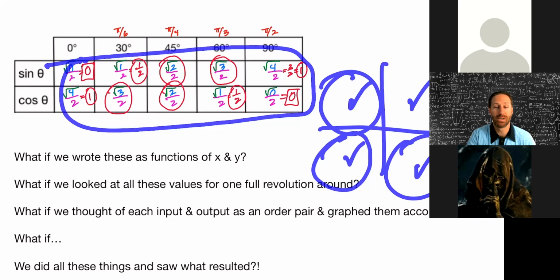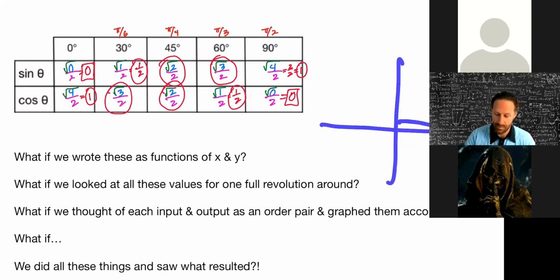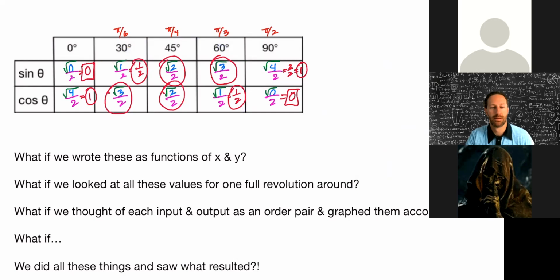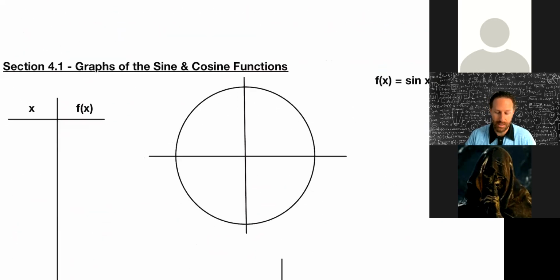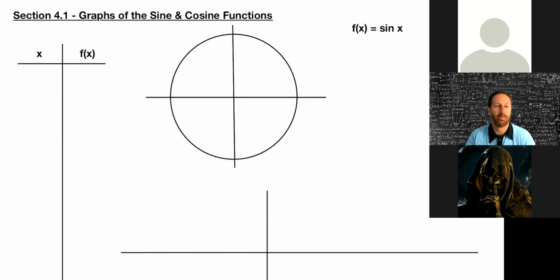The only thing that may change is the direction, and therefore the signs of these things. So my friends, that is what 4.1 and chapter 4 is all about, and that is graphing.